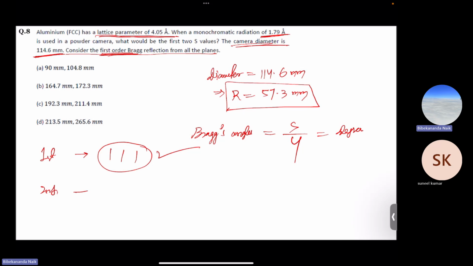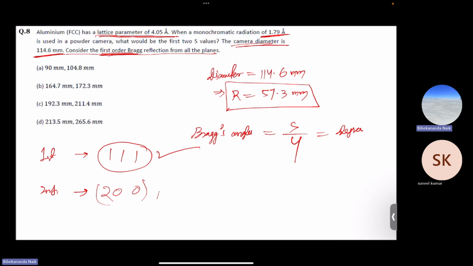So 1, 1, 1 means h square plus k square plus l square equals 3. Then the next h square plus k square plus l square will correspond to, so next will be 2, 0, 0, because 0, 0, 0 is not possible. 2 is even, 0, 0, so it will be the second one.